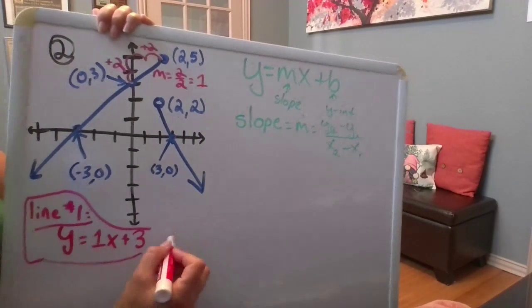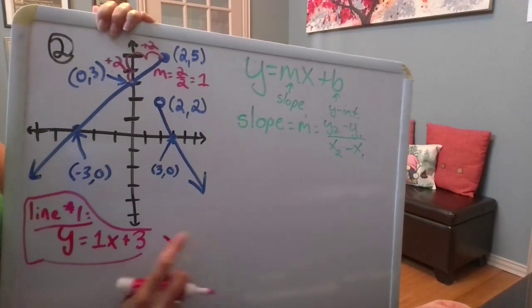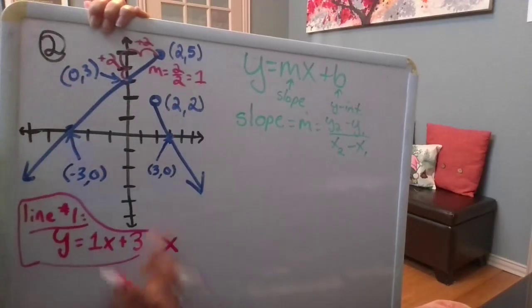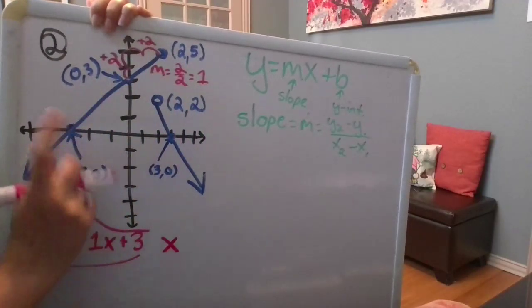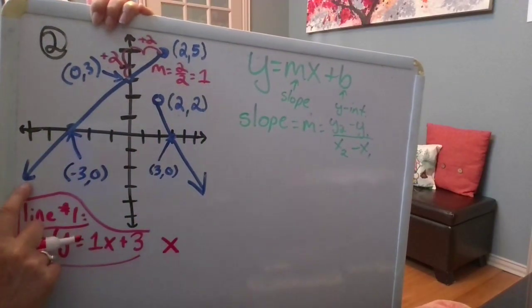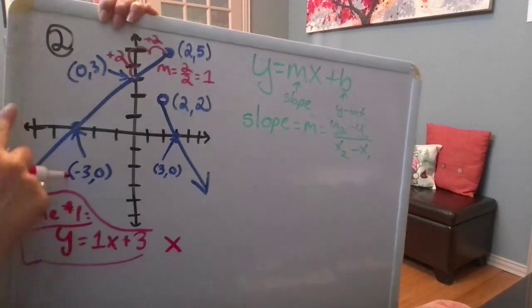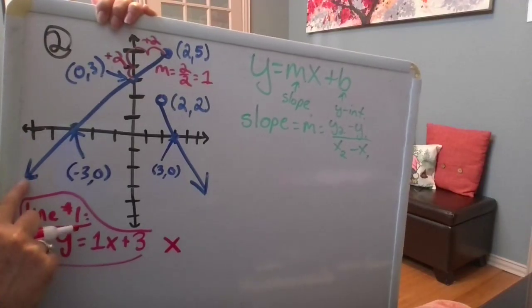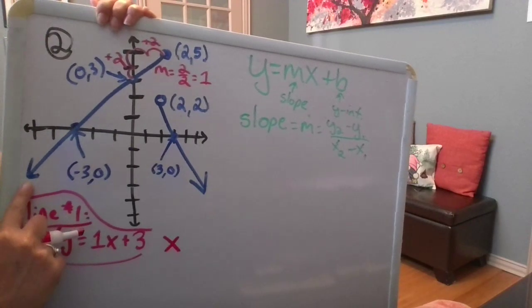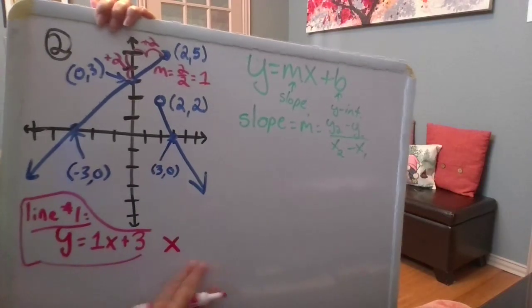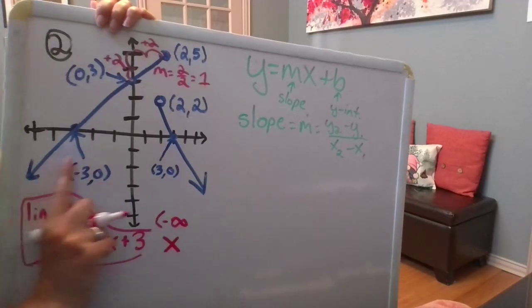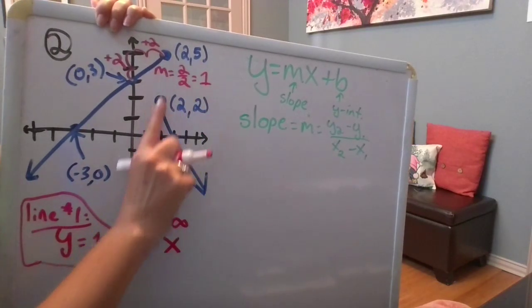I did ask for restrictions. What I'm looking for here is, does x need to be greater than some number or less than some number in order to make this line? Notice there is an arrow. A lot of us used -5 as the left-hand boundary. However, since it's an arrow, that means it goes to infinity. I'm going to write this in two different ways. One way is to say it goes from negative infinity and then stops when x is 2.